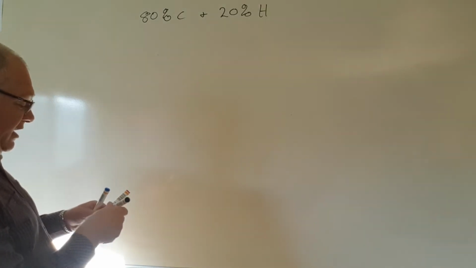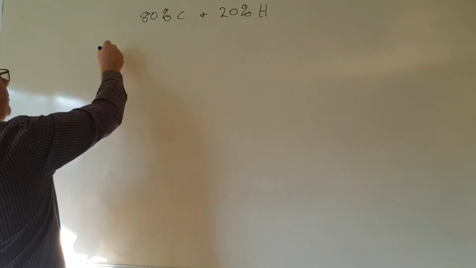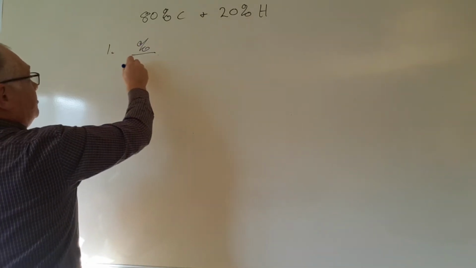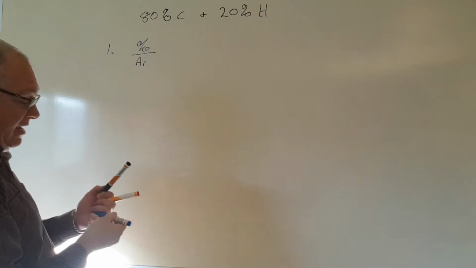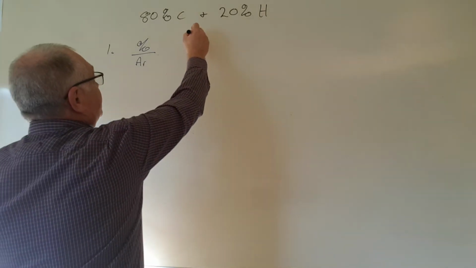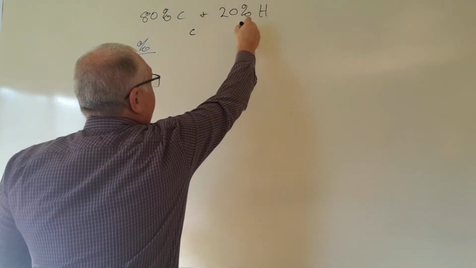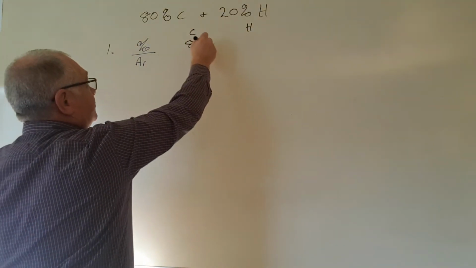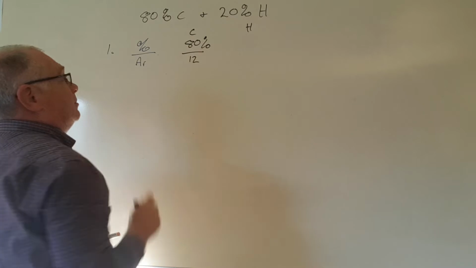The first step is to take the percentage and to divide it by the atomic mass. So generally we work in columns, we write down the percentage and we divide by the atomic mass.